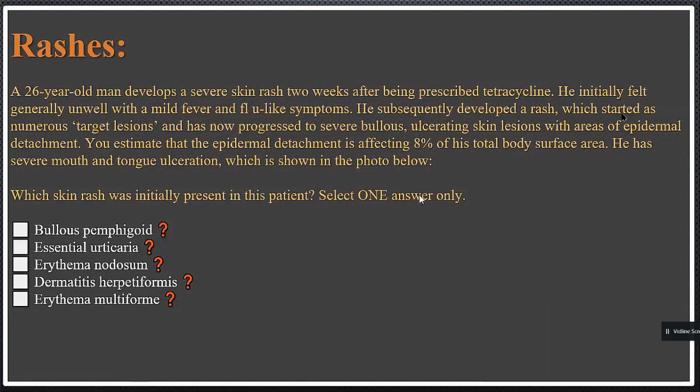We have three options: erythema multiforme, Steven Johnson syndrome, and toxic epidermal necrolysis. But here we have only erythema multiforme, because they are showing only the tongue, and the question is also asking about initially, the beginning.